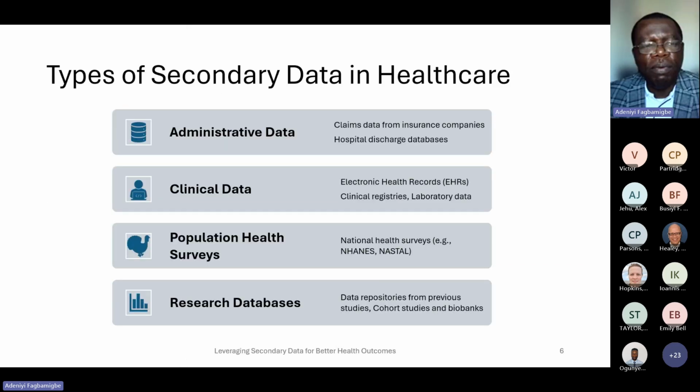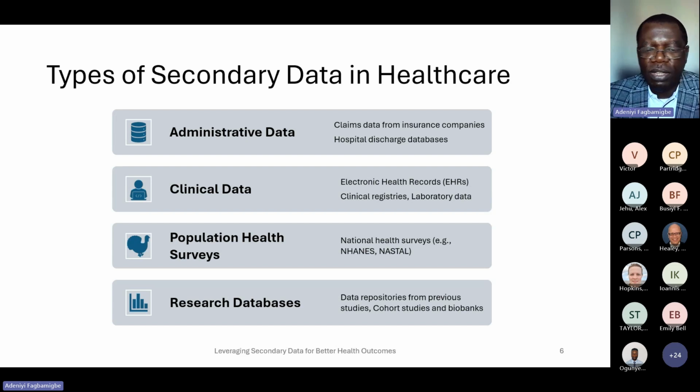But when we look at the types of secondary data, it includes administrative data, like insurance company data, even hospital management data, the number of stock they are taking in, drug stocks and even consumables in the hospitals. We have the clinical data, which contains the health information of individuals, maybe when they came, when they were diagnosed, when they were given prescriptions, and so on and so forth.